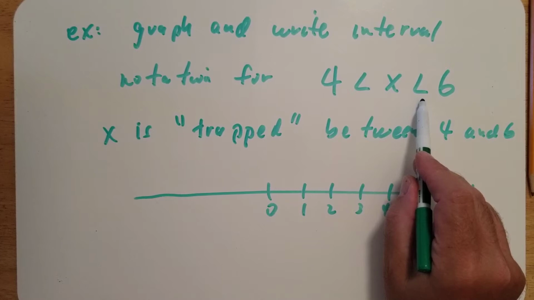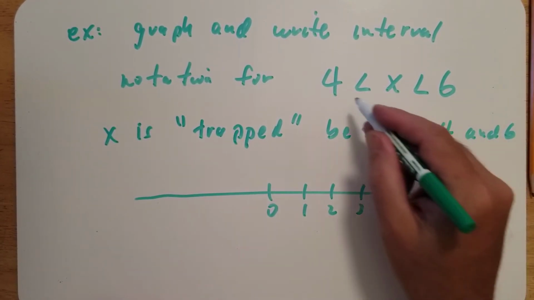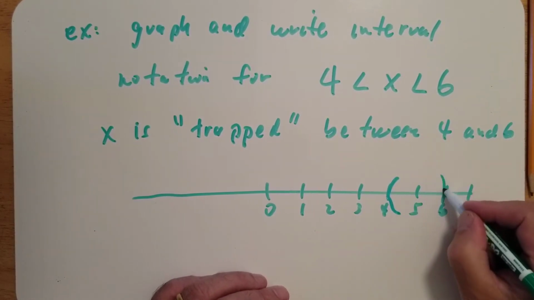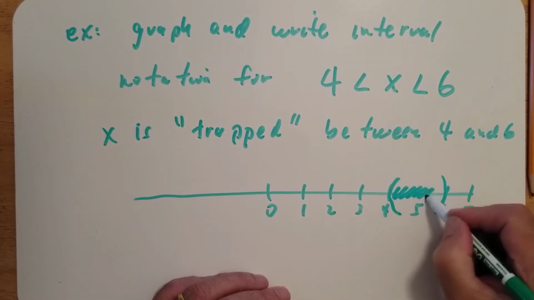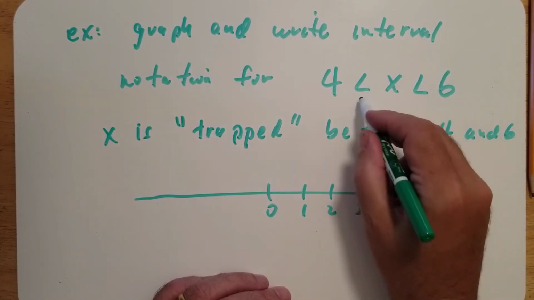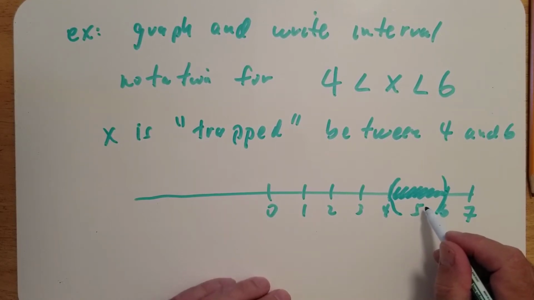Strictly less than, so that means I'm going to put in round brackets. And the numbers that we want are just between 4 and 6. So it starts at 4, it ends at 6, and I'm shading in that part of the number line. And the round bracket, because 4 is not included. So it's just that part of the number line.